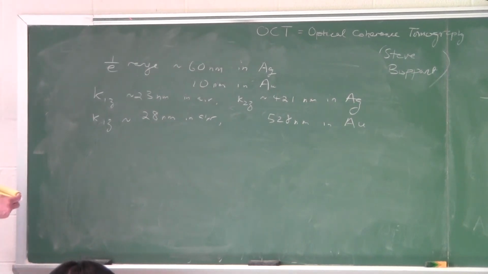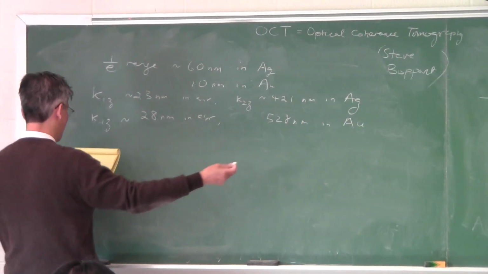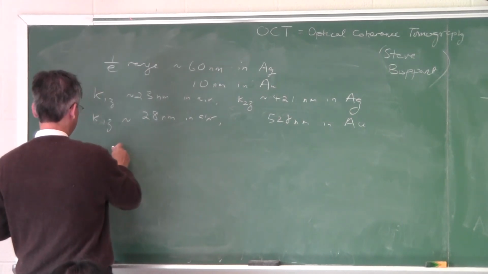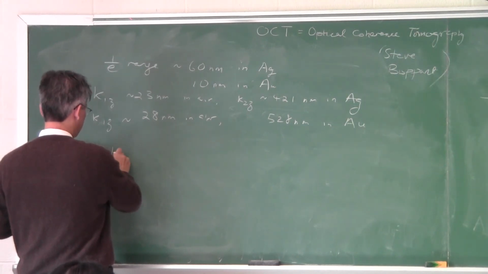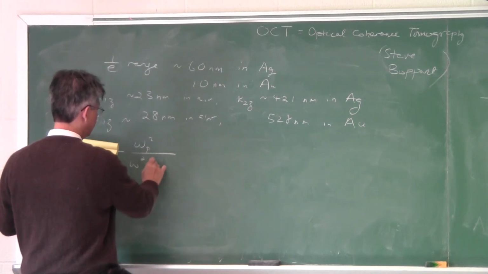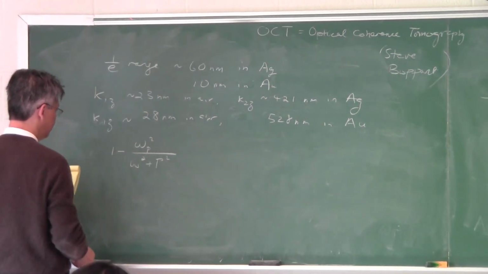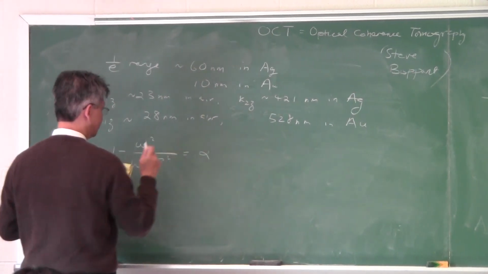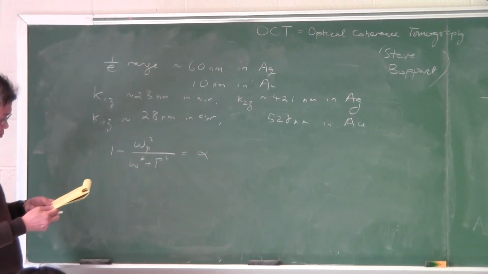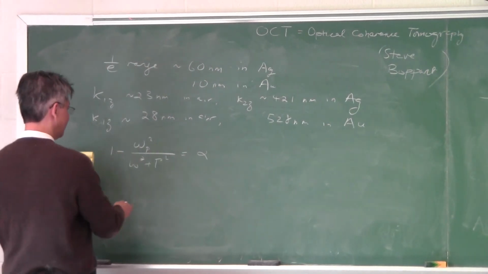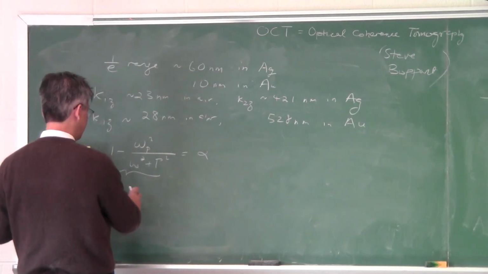And if you put in the gamma that we have, the formulas where this happens will be quite different. If you put in the gammas that we have, you will have in the denominator something like this. This is the real part of the permittivity, and you want this to be equal to alpha. If you solve for your resonance frequency, this is the real part; there's an imaginary part that I've thrown out.